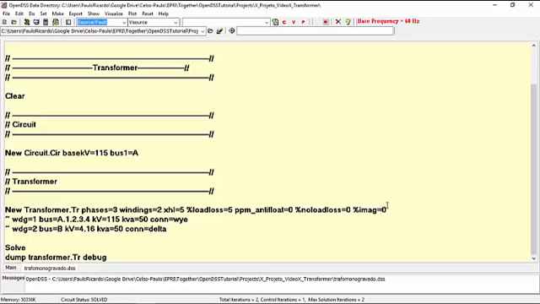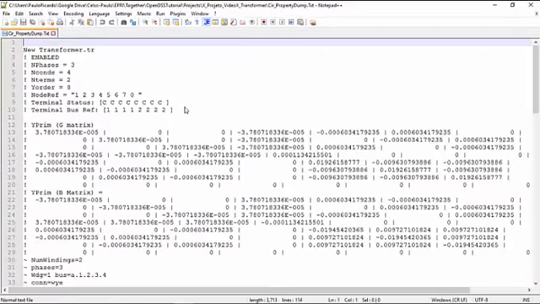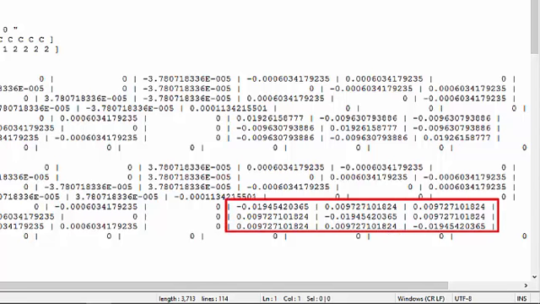Let's set, for example, a magnetizing current of 10%. Solving the circuit, one can verify that only the 3x3 submatrix related to the 3 nodes of the secondary side of the transformer has been changed, as expected. Furthermore, only the susceptance matrix has been changed, because we haven't added any no-load loss to this transformer.